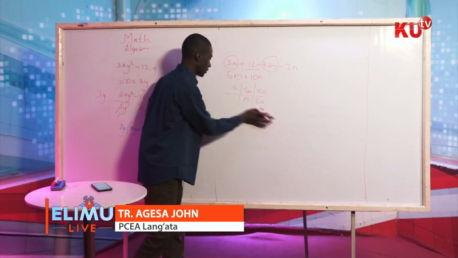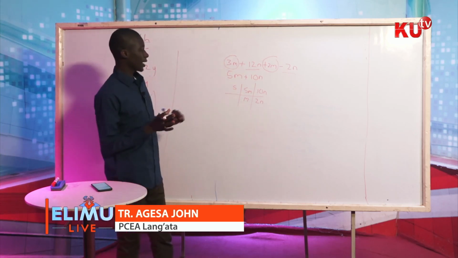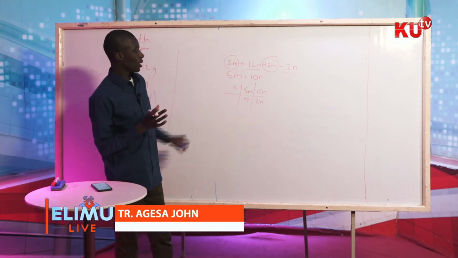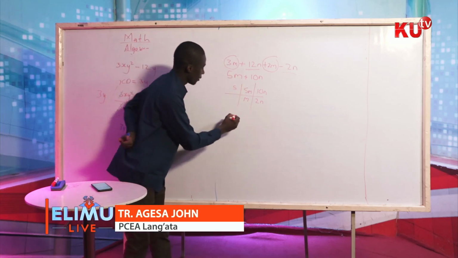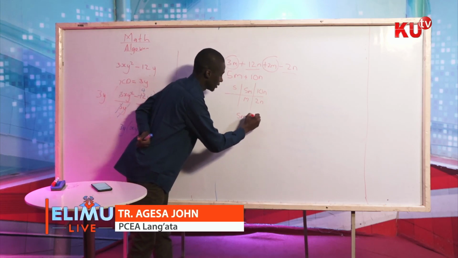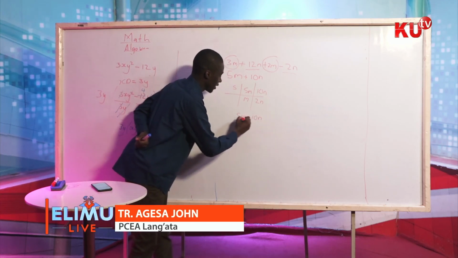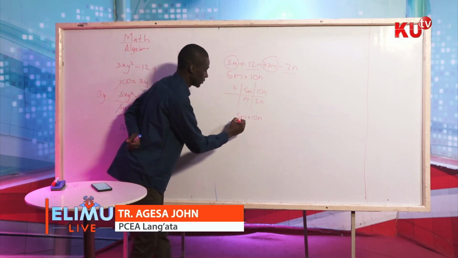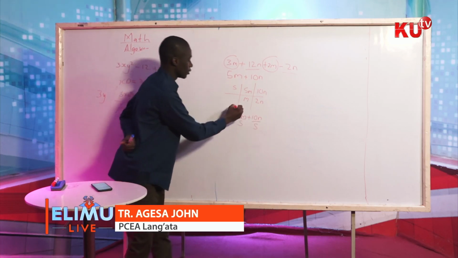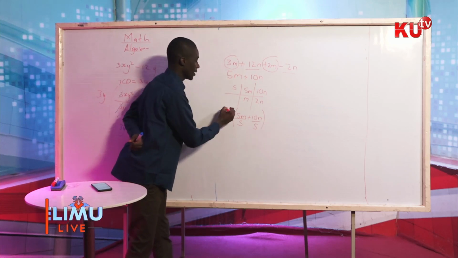So once we've obtained the GCD, we are going to take the GCD and divide every term in the simplified expression by it. So we have our simplified expression, 5m plus 10n, divided by the GCD, which is 5. Then you also multiply everything by the GCD.